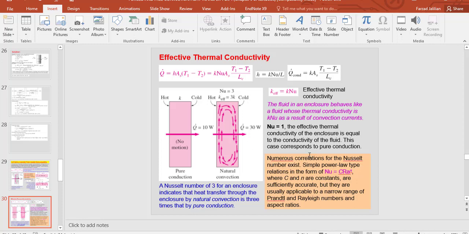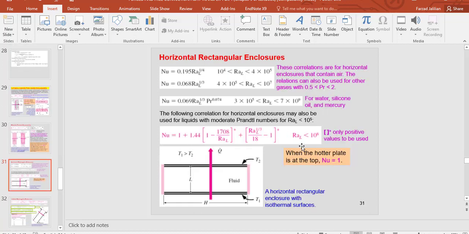Okay, now let's calculate the Nusselt number for the enclosure with different geometries and different orientations.